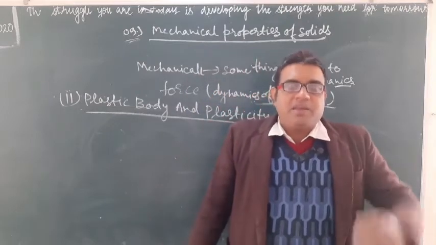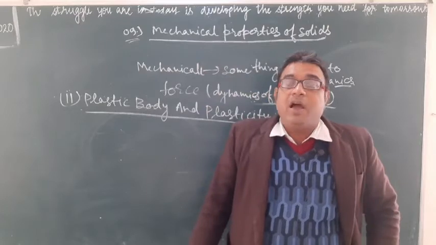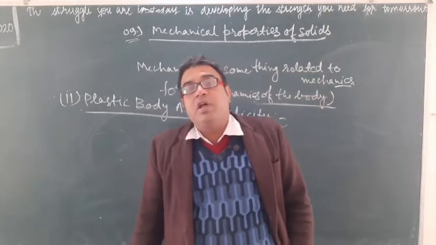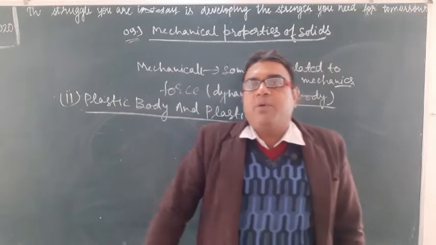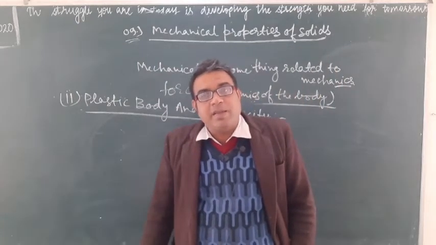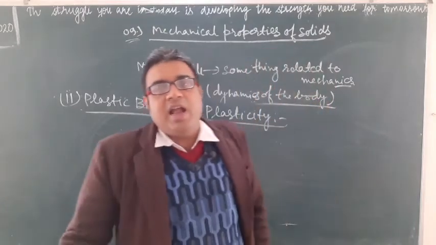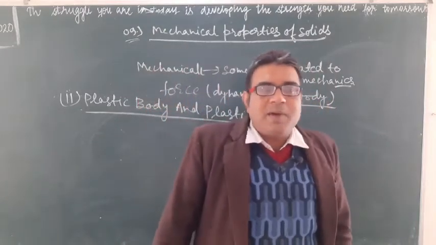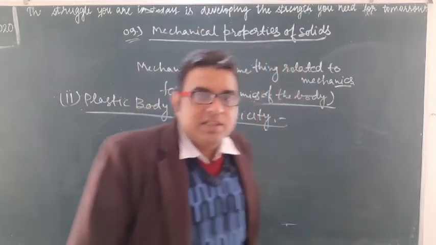After the removal of the deforming force, the body does not regain its original shape. Such bodies are called plastic bodies, and the property sustained by the body due to its plastic nature is called plasticity.